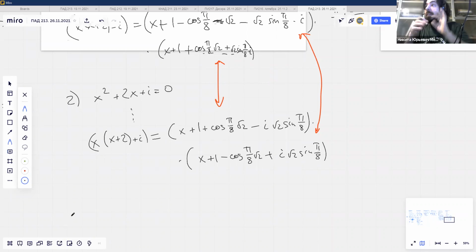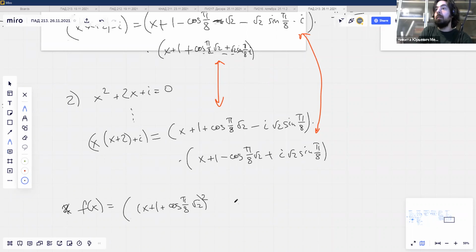They will not be nice. You will get the following, that the original polynomial equals x plus 1 plus cosine of pi over 8 times square root of 2, squared, plus square root of 2 times sine of pi over 8, squared, multiplied by the second, which is like this.